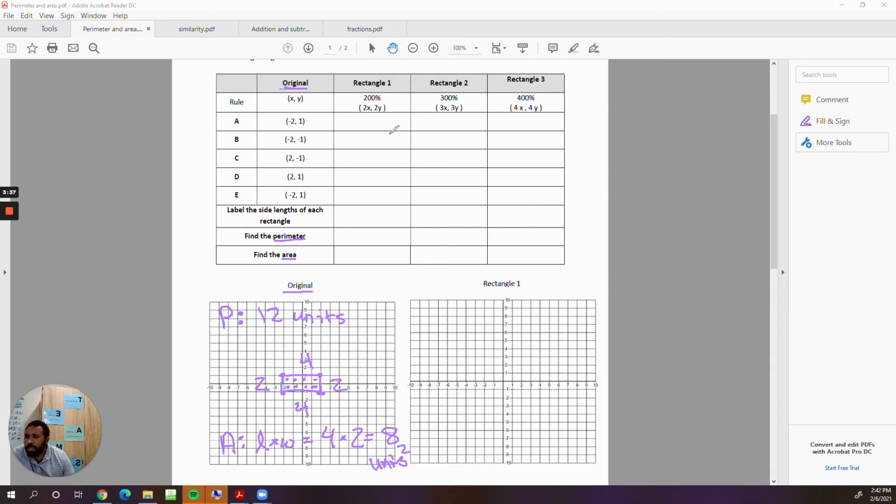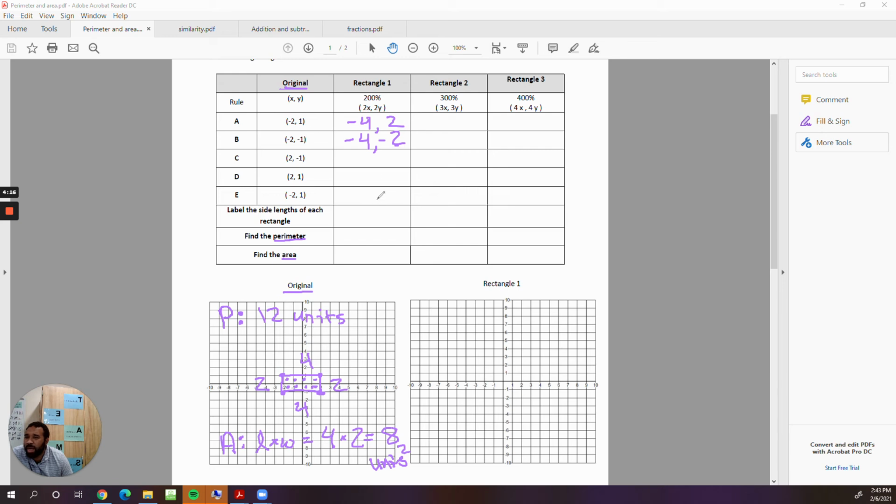The next thing you're going to need to do is finish filling out the table for the other rectangles. Our rule 2x, 2y means multiply the x value by 2, which would be the first number, but also multiply the y value by 2, which would be the second number. So we're going to do that. -2 times 2 is -4. 1 times 2 is 2. -2 times 2 is -4. -1 times 2 is -2.